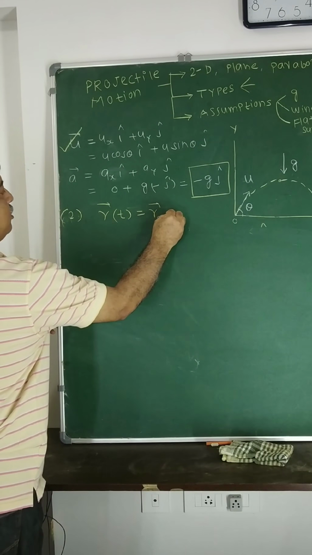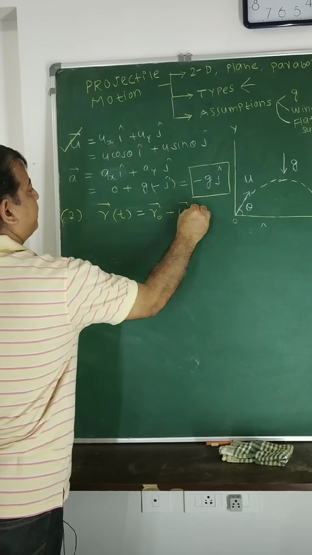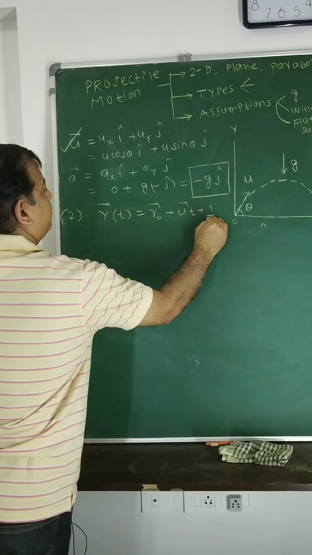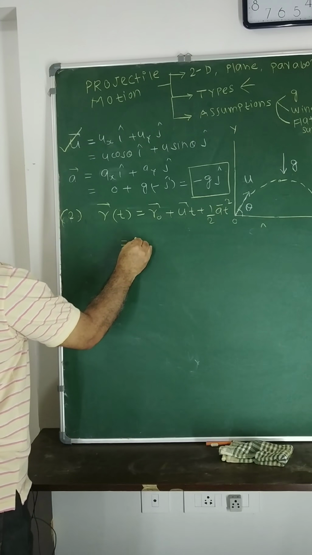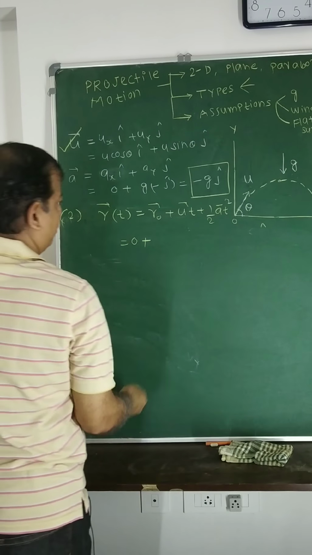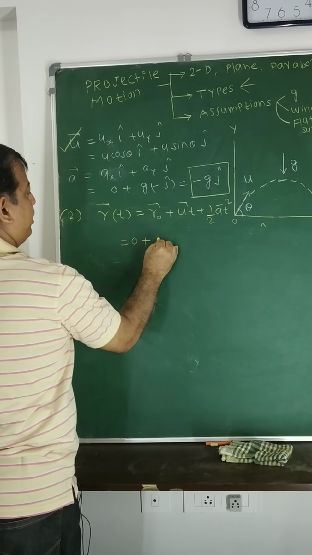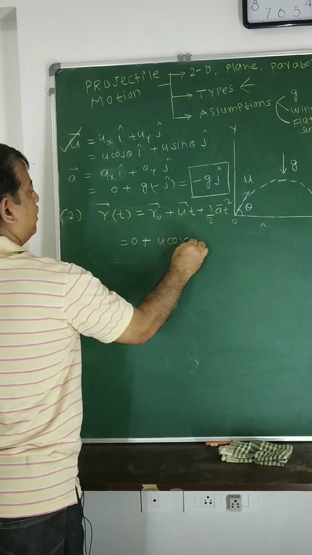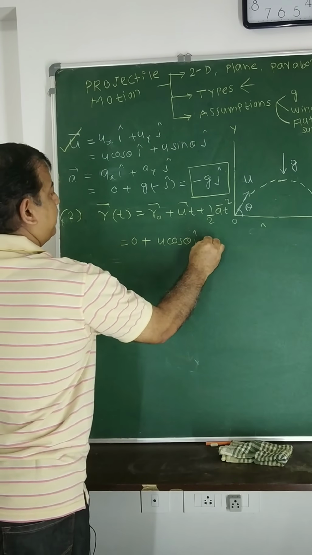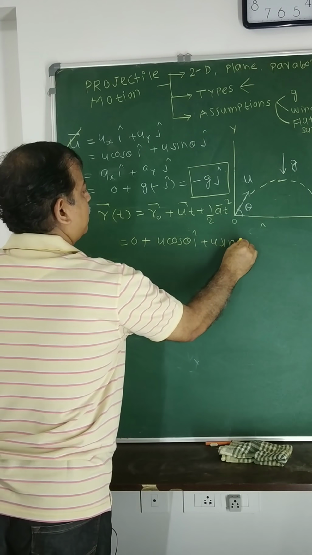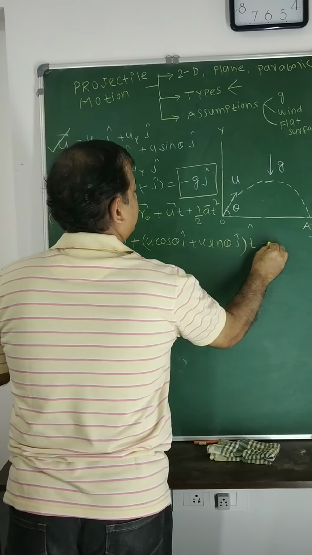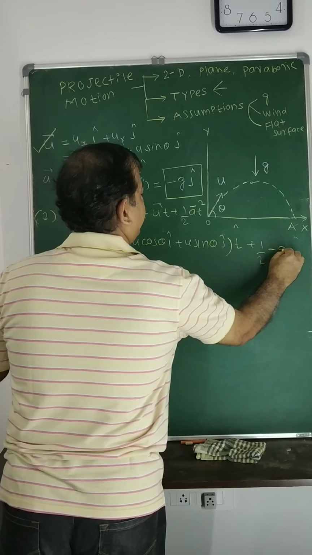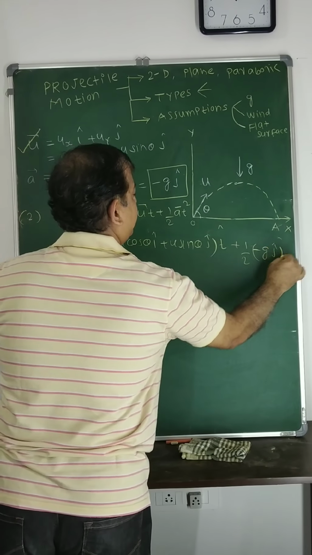So the kinematics formula can be written as R naught plus ut plus half a t square. R naught is 0 because the point of projection is the origin. U is already known to me, so you can write u cos theta i cap, u sin theta j cap, plus half minus g j t square.